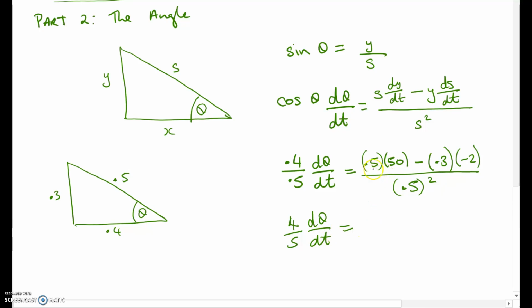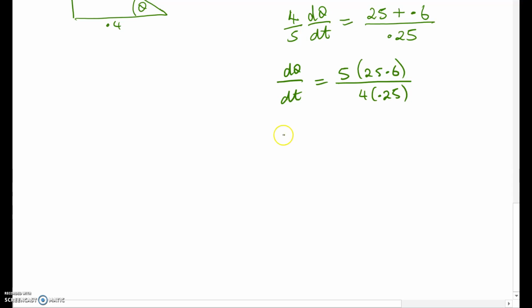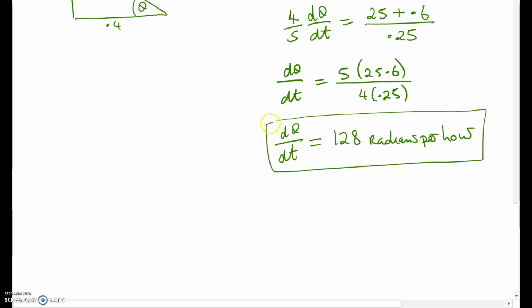It's going to be 50 times 0.5 is 25, plus 2 times 0.3 is 0.6, divided by 0.25, and d theta/dt will be equal to 5 times 25.6 divided by 4 times 0.25, which works out as 128 radians per hour. Hopefully you can work through the arithmetic and confirm that that's correct.